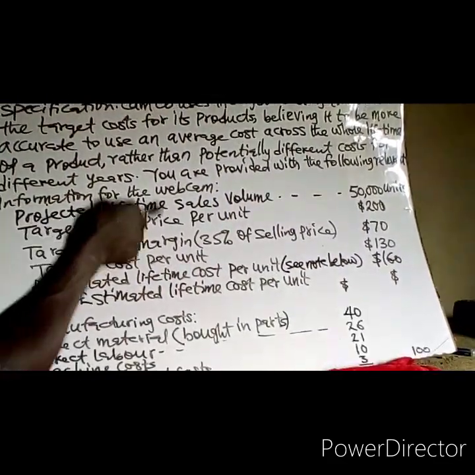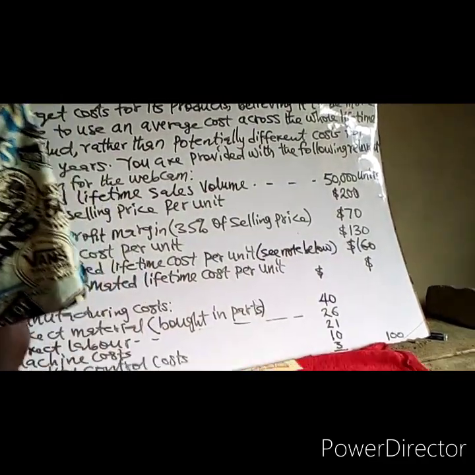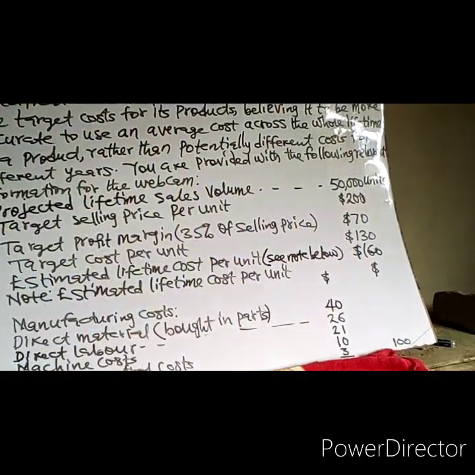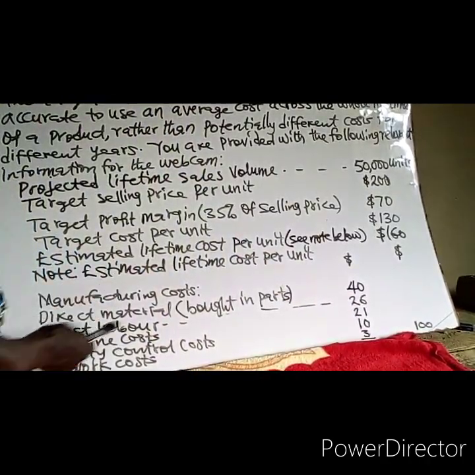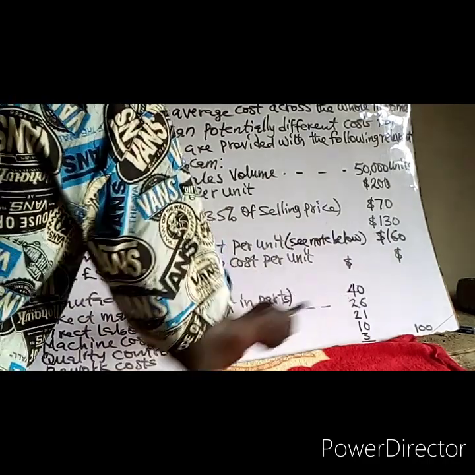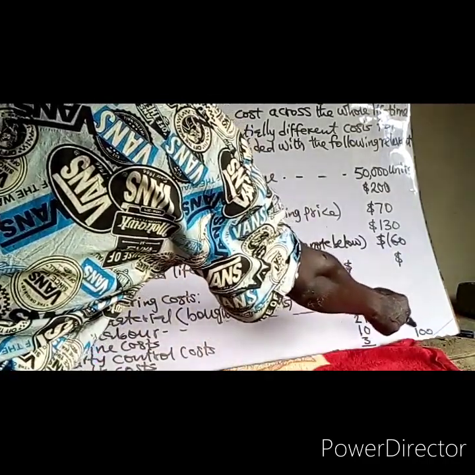Note: estimated lifetime cost per unit. We have manufacturing cost, which comprises direct materials, bought-in parts, which is $40. Direct labor, $26. Machine cost of $21. Quality control cost of $10. Rework cost $3. Total $100.